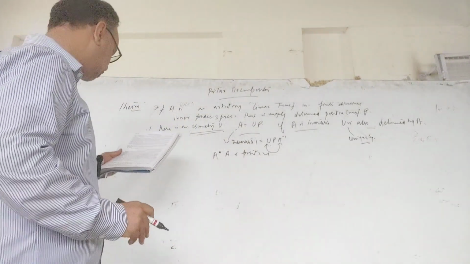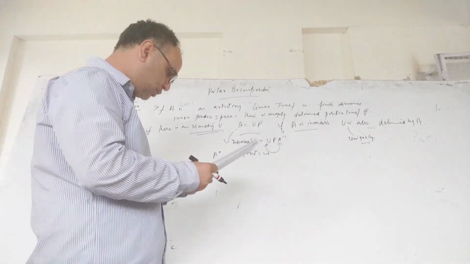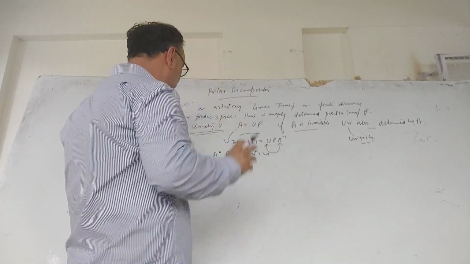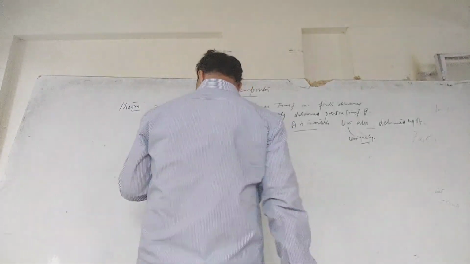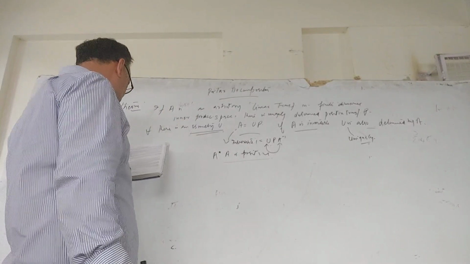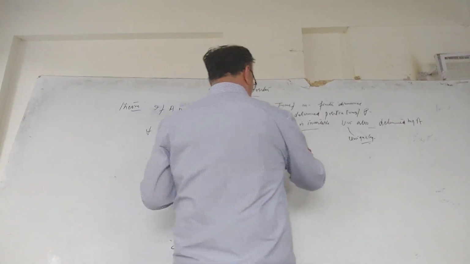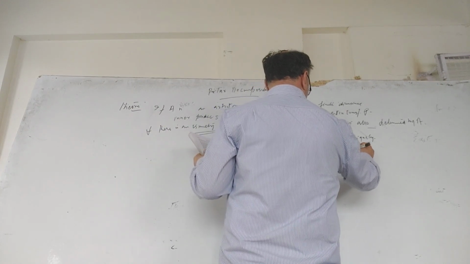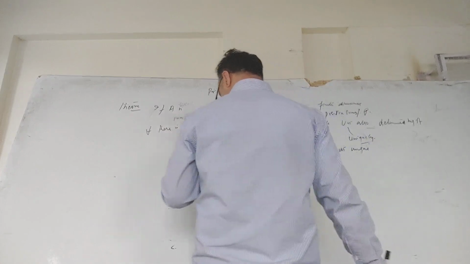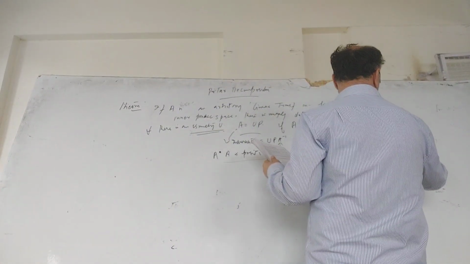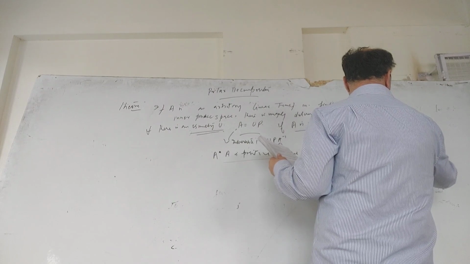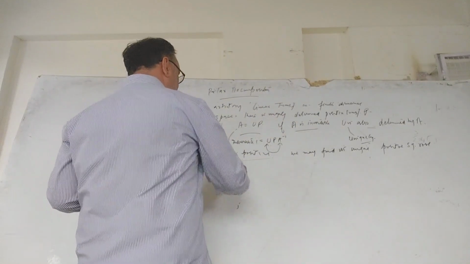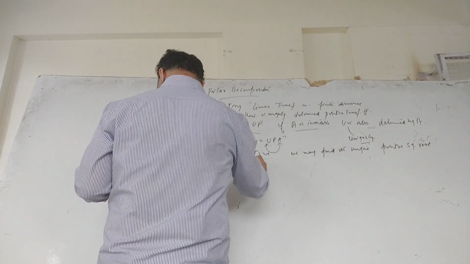Since A star A is positive, we may find its unique positive square root.